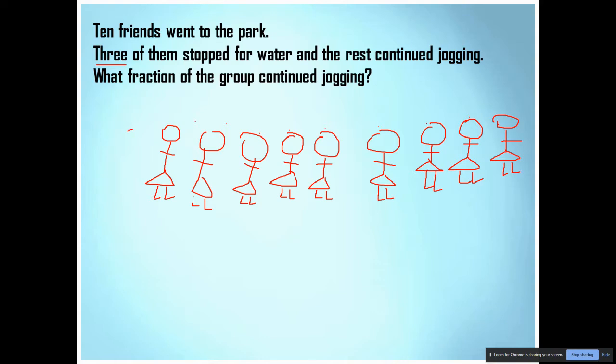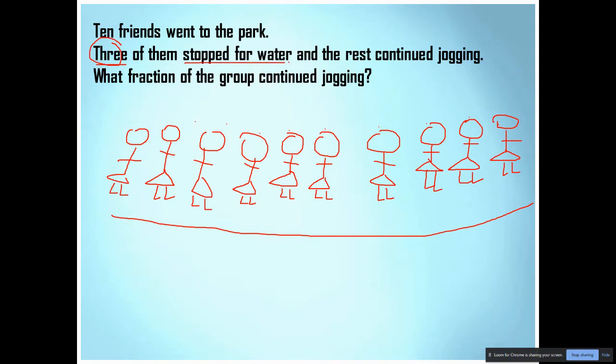So here are the 10 girls going to the park. On their way to the park, 3 of them stopped for water, and the rest continued jogging. Oh, they're not walking, they're jogging. Let's say that these 3 drank water. They were thirsty, so they stopped and drank water.